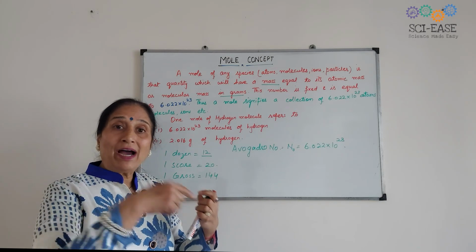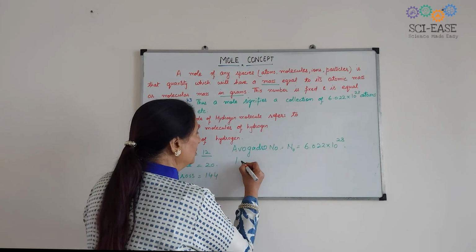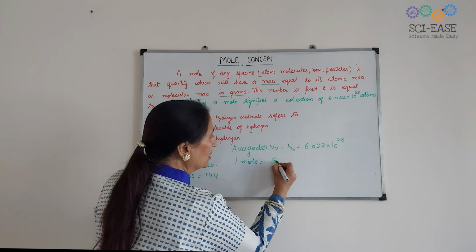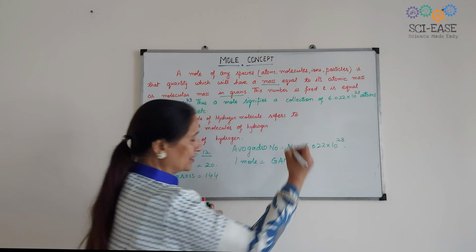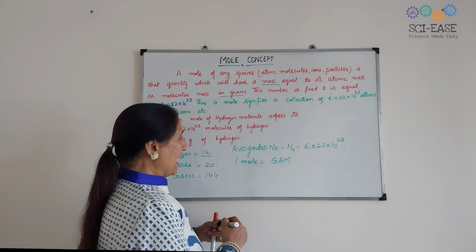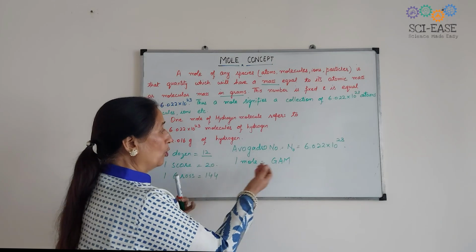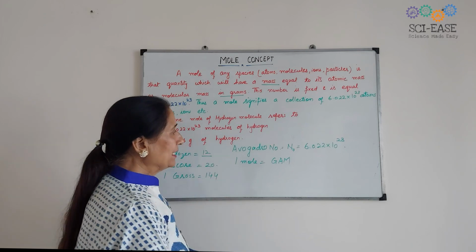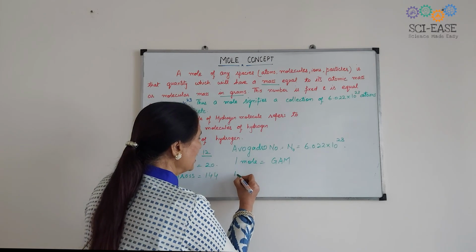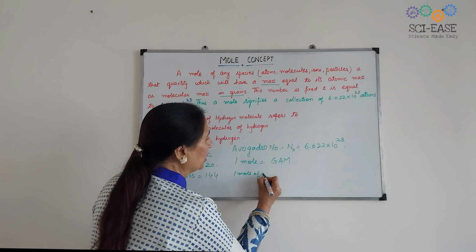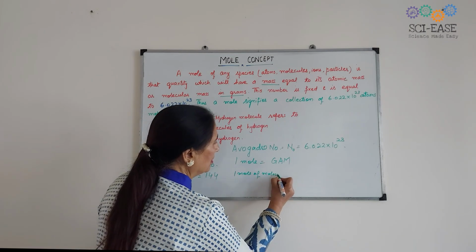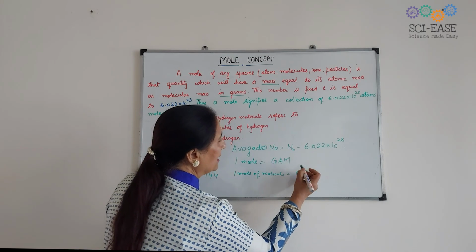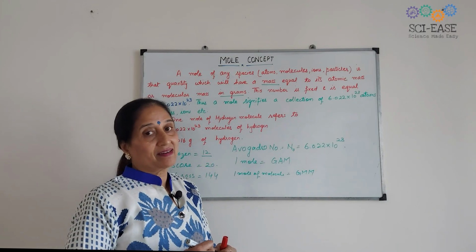But when we take into consideration the mole, then the units are in grams. So 1 mole is equal to gram atomic mass. When we consider 1 mole of atoms, it is equal to gram atomic mass, and when we consider 1 mole of molecules, then it will be gram molecular mass, and it is in grams.